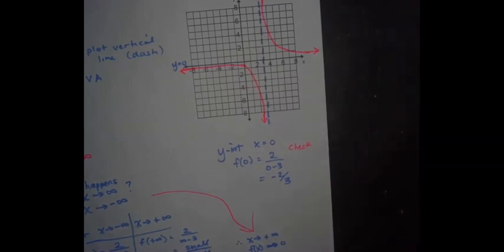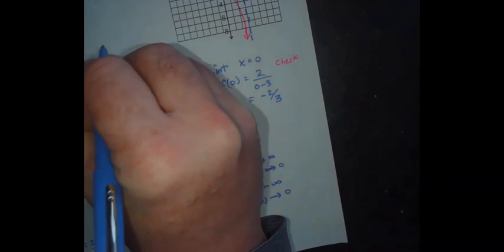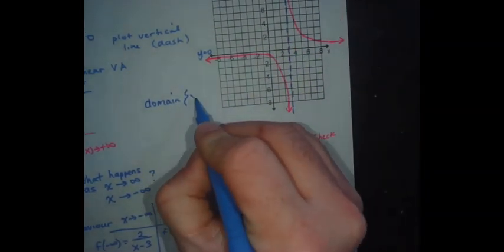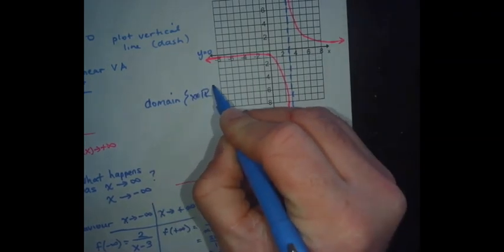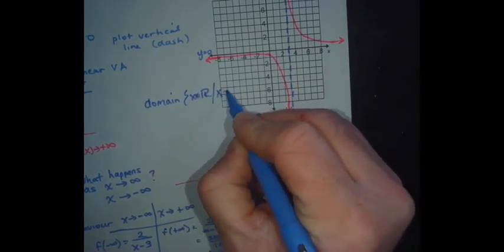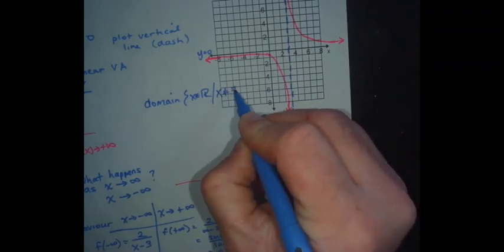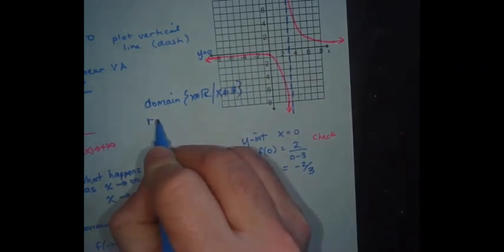All right. The last thing we have to do is our domain and range. We'll tidy this up in a few minutes. So our domain is any x values that I can use. Well, the only x values I can't use is the asymptote. Same with the range.